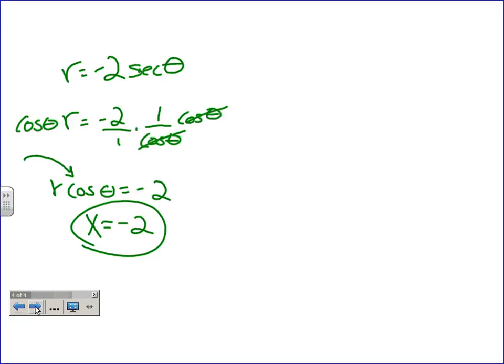But hopefully once you saw number 27, how they manipulated that, you could see how we could come to that answer. Were these easy? No. You had to work at it. But it would be pretty clever if you went with the square root of x squared plus y squared. You don't really get anywhere. Hopefully that clears things up for you.